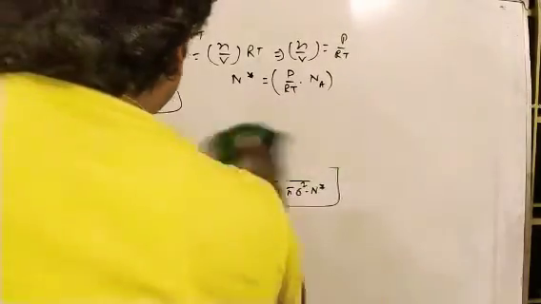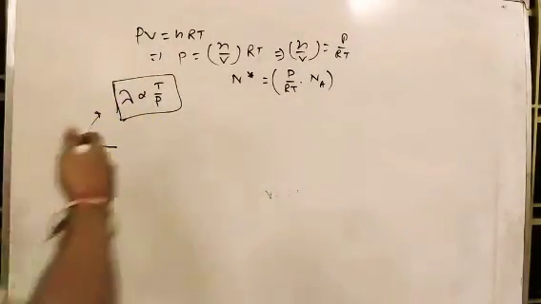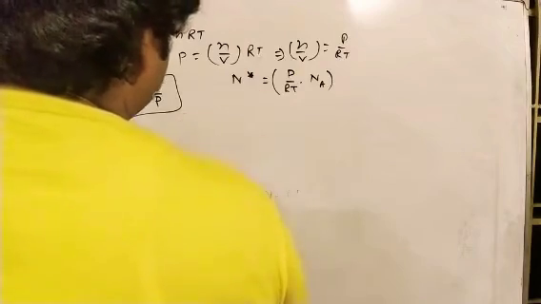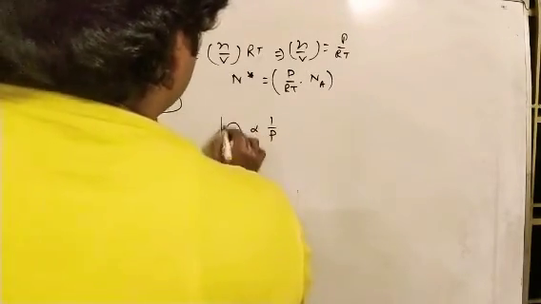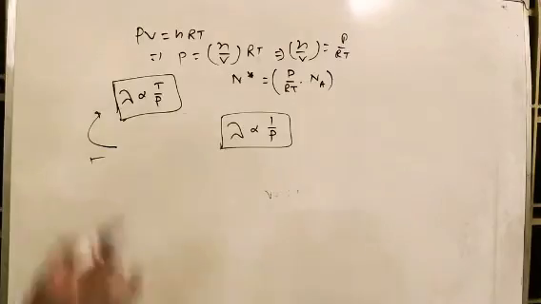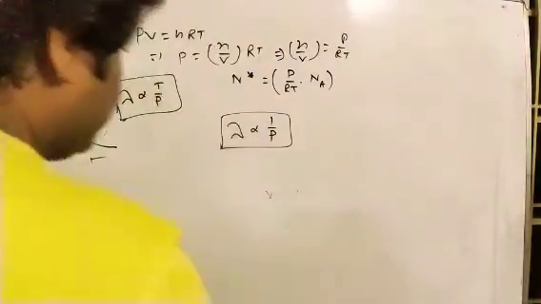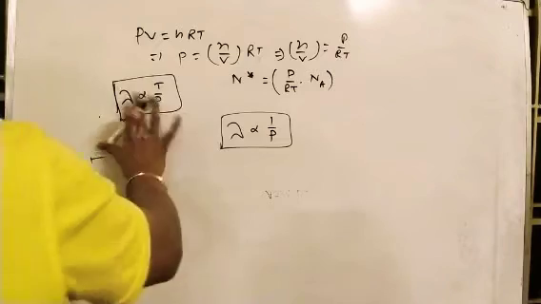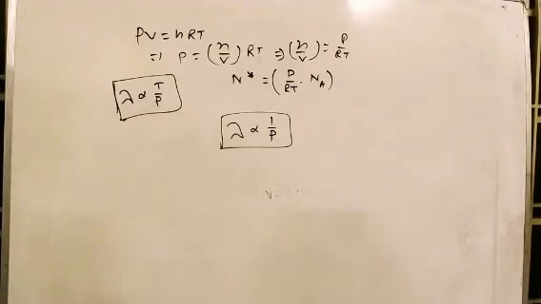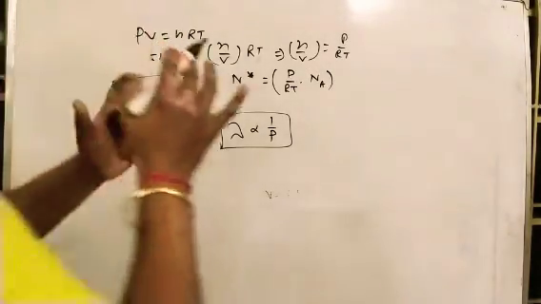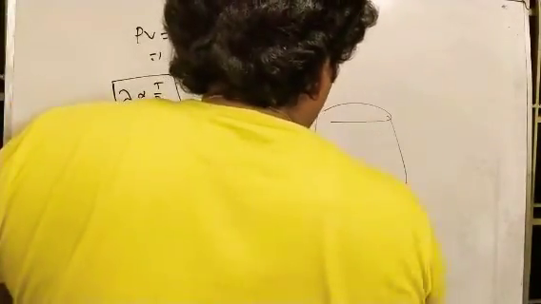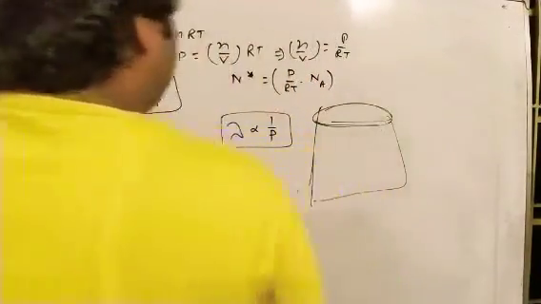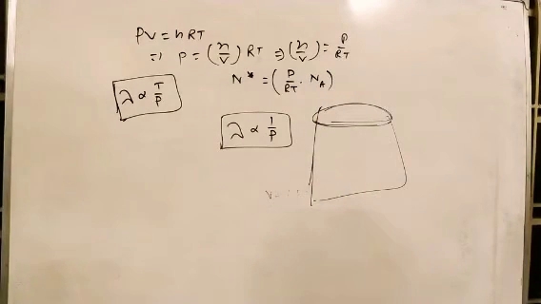As you can see, if I keep temperature constant, lambda is proportional to 1 by P. Please do pay attention here. This is something incredible. So when lambda is proportional to 1 by P, that means if you are decreasing the pressure, suppose this is a system where you have decreased the pressure, how will lambda change? And if you increase the pressure, how will lambda change?